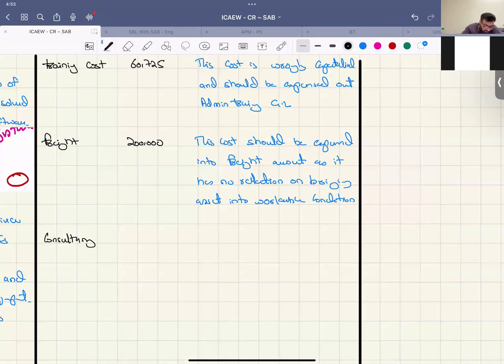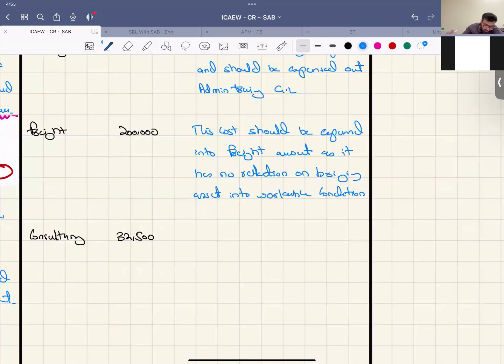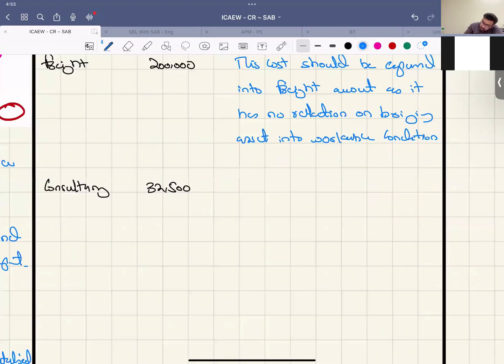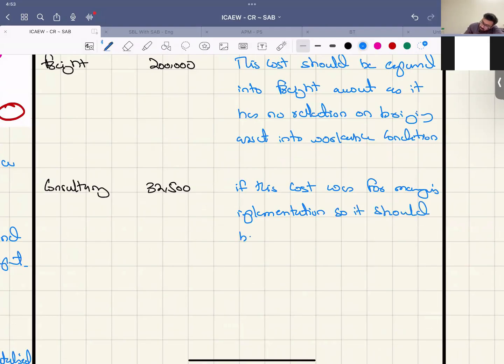So what we're going to be saying here is, if this cost was for managing implementation, it should be capitalized.